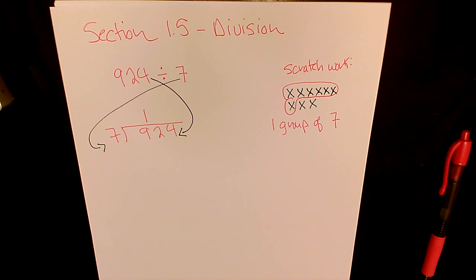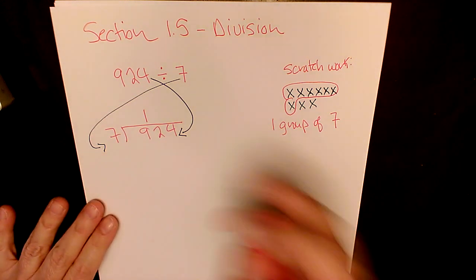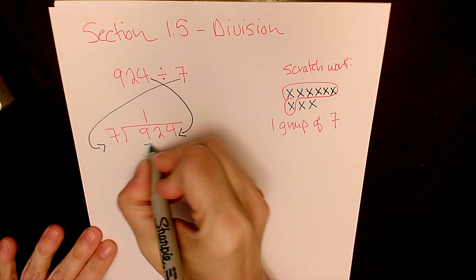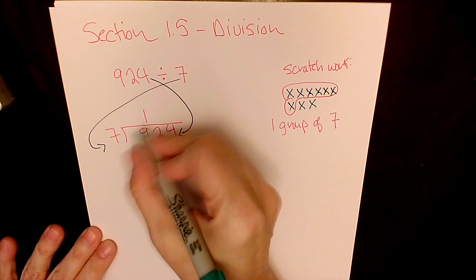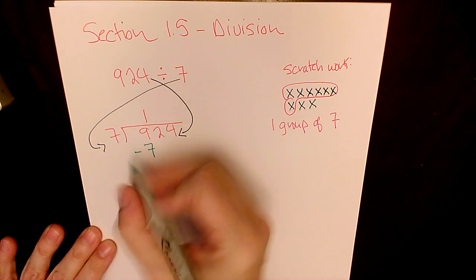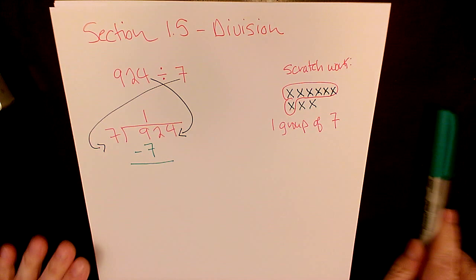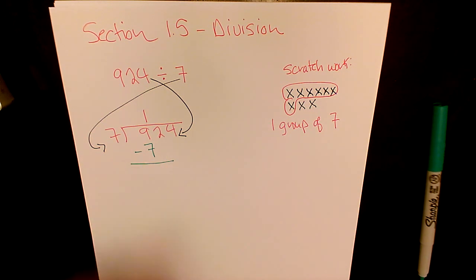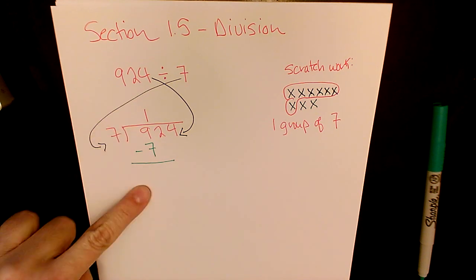Okay? So 1 times 7 is 7. We put that here. We draw a line and subtract, going down.